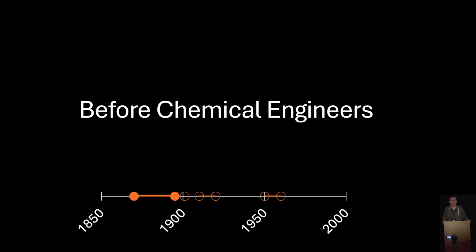It's worth noting the environment that people were in when people started becoming chemical engineers. There were three major powers that were a big part of chemical manufacturing. The first major power was Great Britain. The way they trained their engineers was not really using engineers.